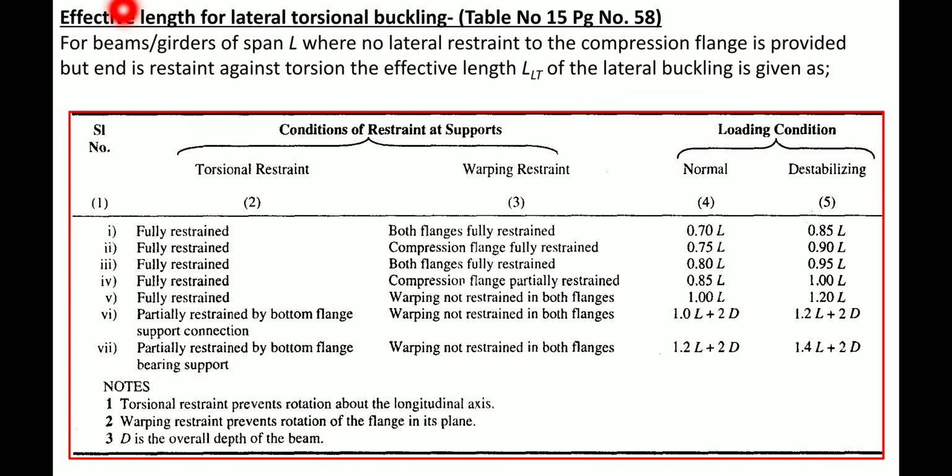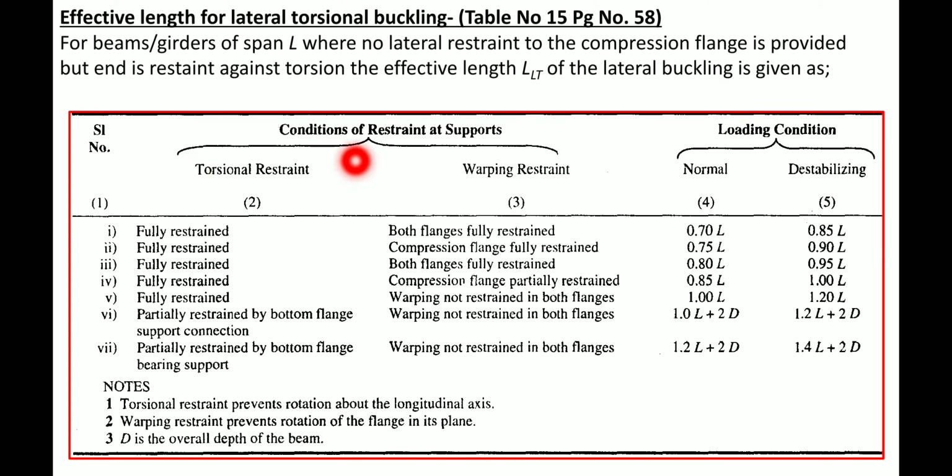Then the effective length for lateral torsional buckling is as per Table number 15 on page number 58 of IS 800:2007 for beams or girders of span where no lateral restraint to the compression flange is provided but the end is restrained. Restraint is nothing but control over a certain portion against torsion, and the effective length LT of the lateral buckling is given.